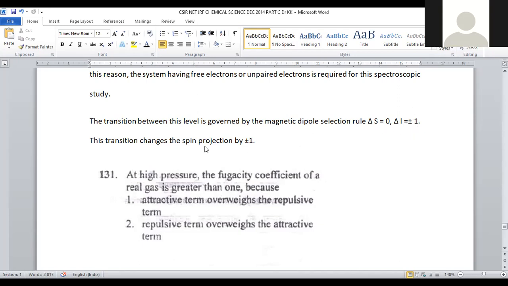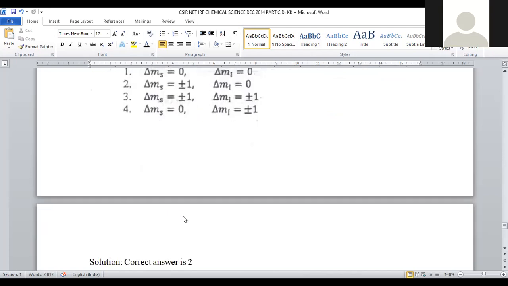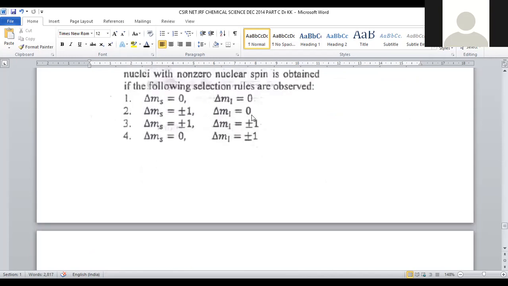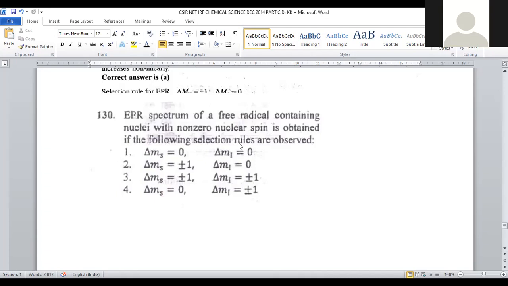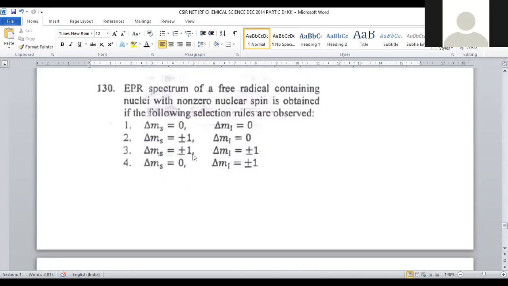So these two are the selection rules applicable for this spectroscopy. Delta mu S is taken as plus or minus 1, delta mu L is taken as 0. So this can be applied for EPR spectroscopy. That is available in option number 2. For question number 130, option number 2 is the correct answer.